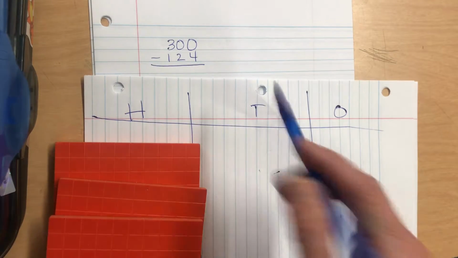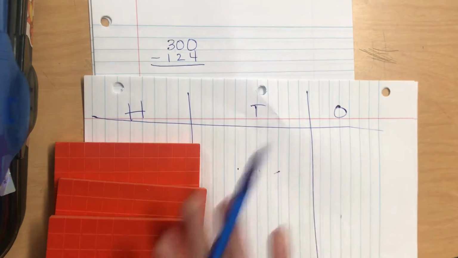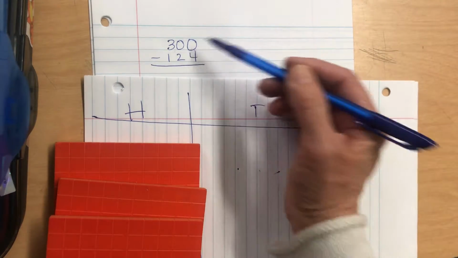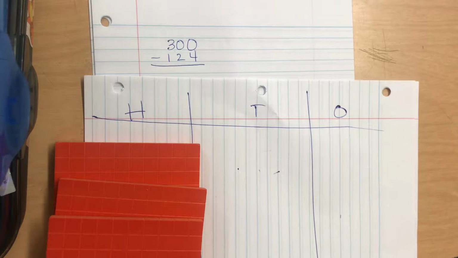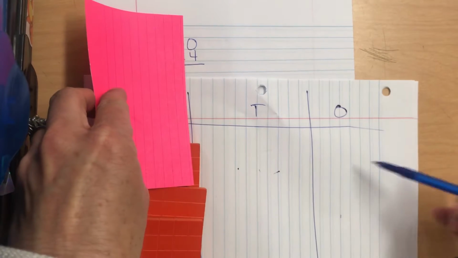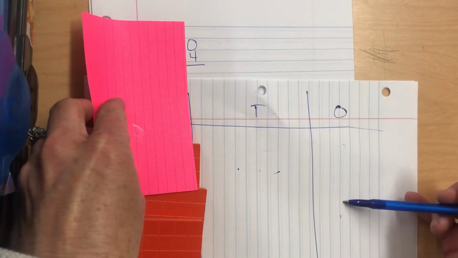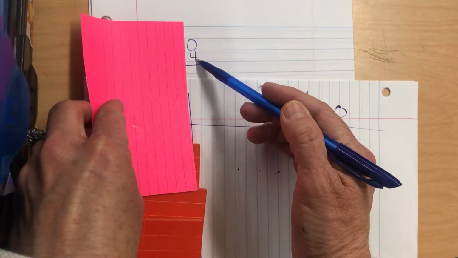I have 300s. I have no 10s and no 1s, right? That's just 300. Okay, I use my little handy dandy index card here. I have 0 1s. I want to take 4 away. I have a problem. So I need to go next door.